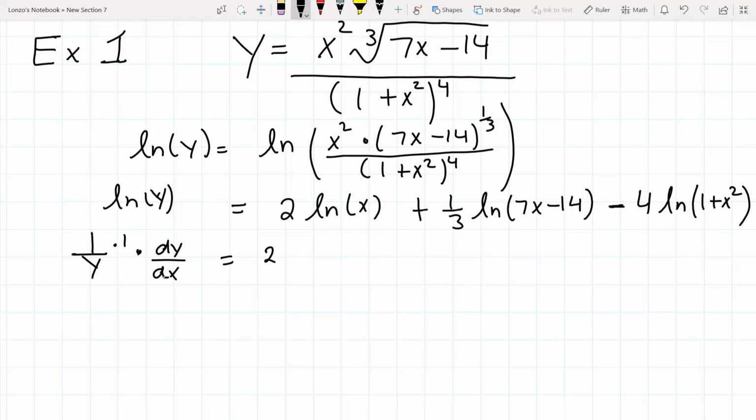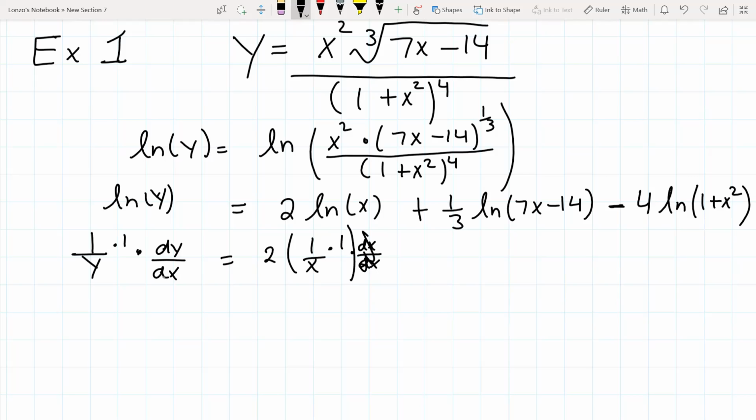So it'd be 2, and then the derivative of ln of x is going to be 1 over x times the derivative of x, which is 1, and then dx over dx. But I don't think you need to put the dx over dx because we know that dx over dx is 1.